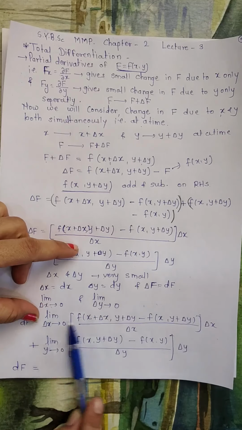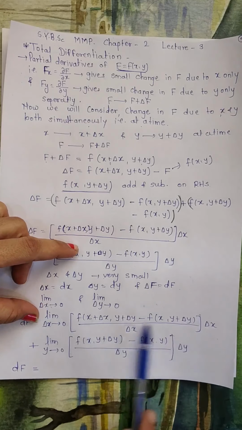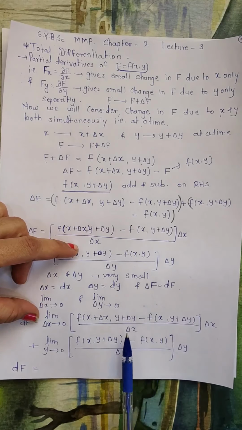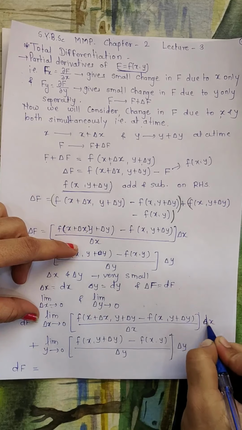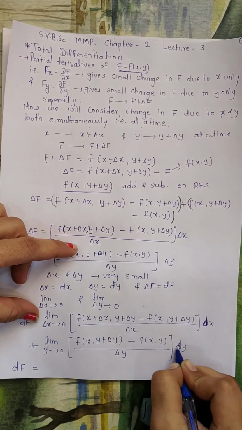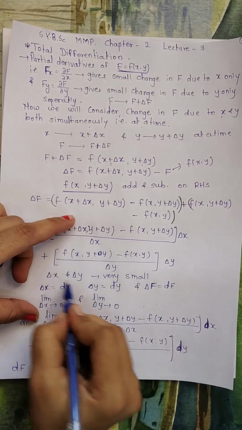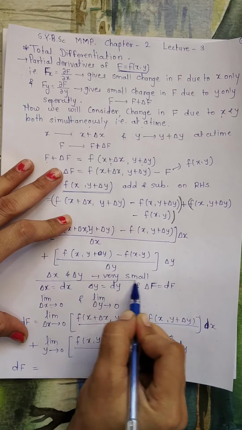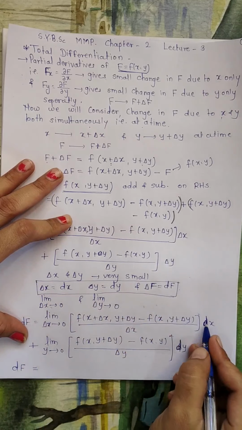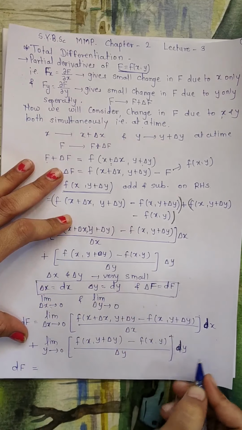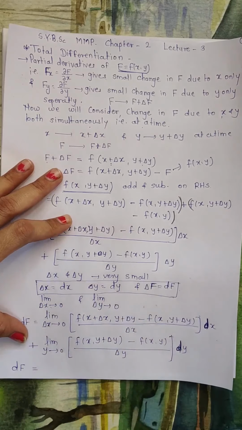Now this is the definition of the first order partial derivative of f with respect to x. And instead of this delta x, we will substitute dx and here dy, since those are very small quantities, I can put a d instead of delta, that is a small change.